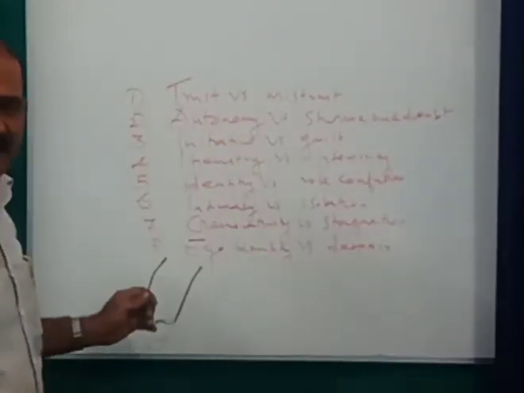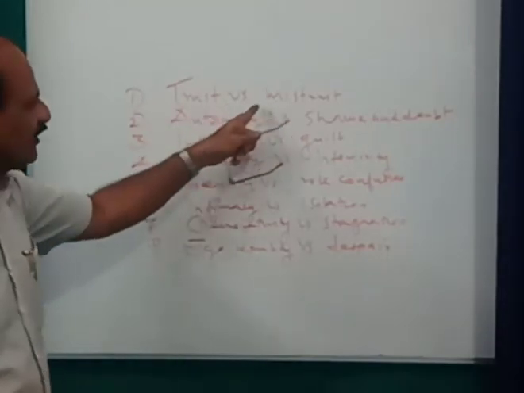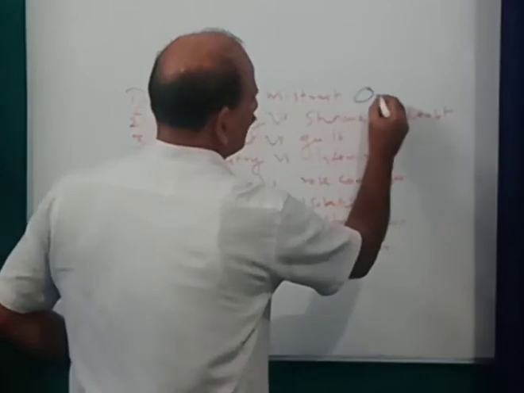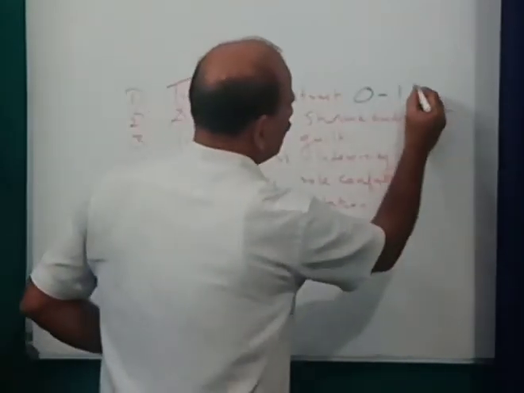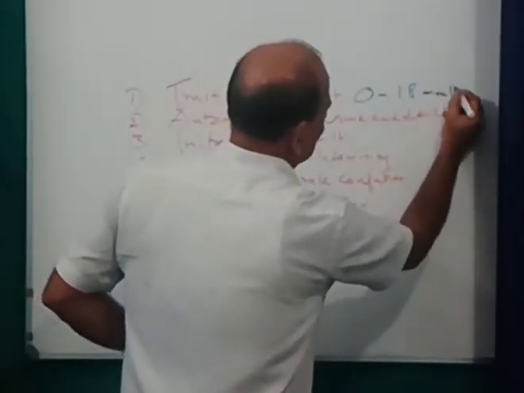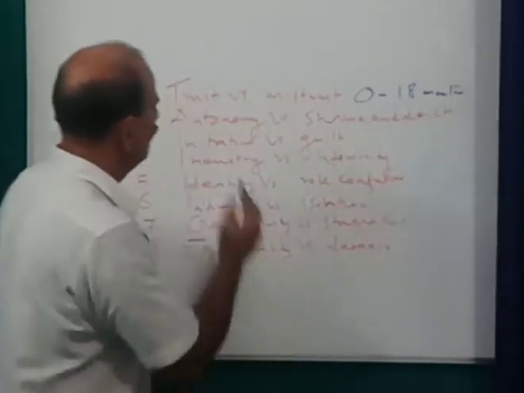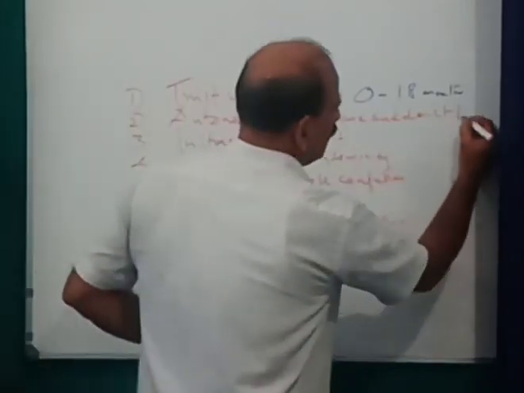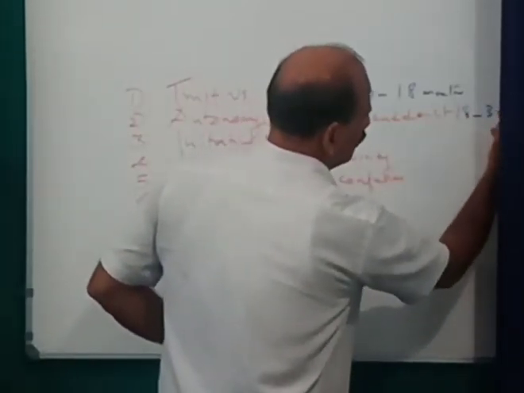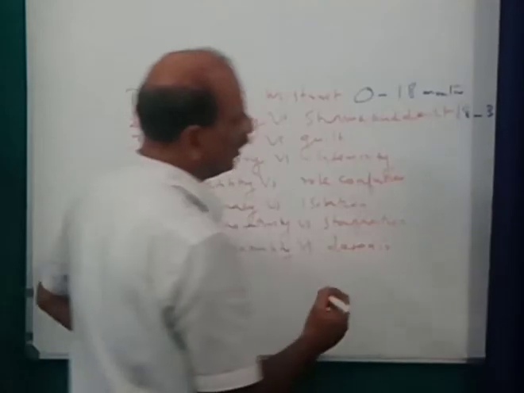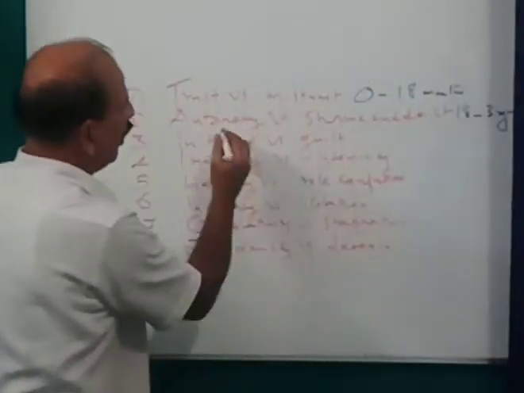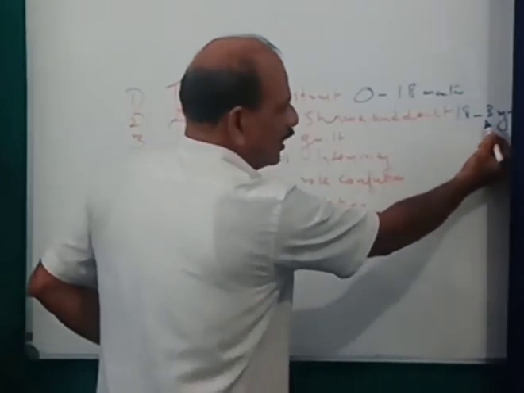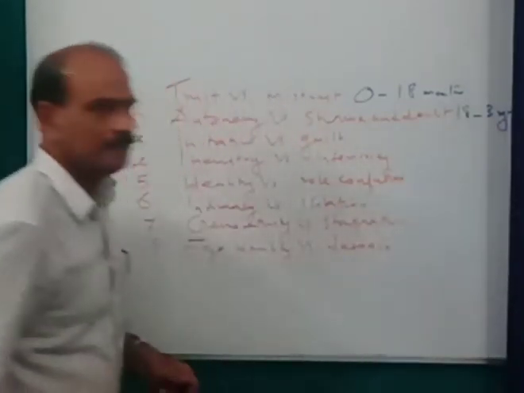So look at these developmental stages. The first one, trust versus mistrust, is from birth to 18 months. The second stage is known as autonomy versus shame and doubt, starting from 18 months and continuing up to 3 years.